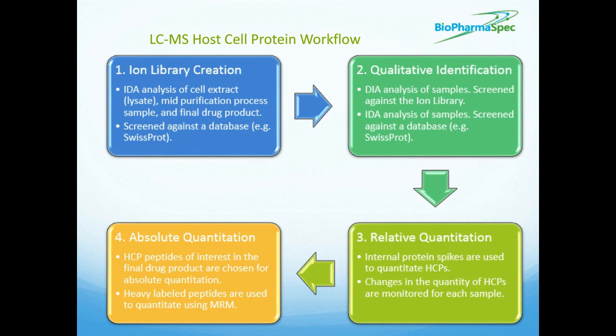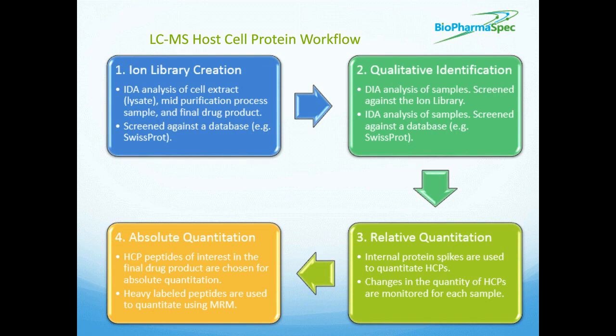So for us, steps 1 through 3 are performed with a SCIEX TripleTOF 6600, which is a very sensitive mass spectrometer. And our step 4 is performed with a triple quad mass spec, which provides very accurate quantitation.